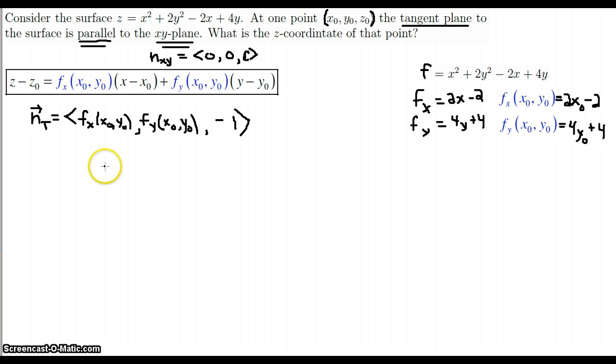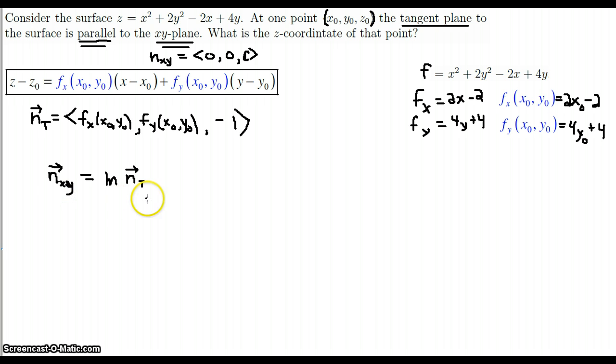And so what that means to us then is that the normal vector to the xy plane is some scalar multiple times the normal vector to the tangent plane.